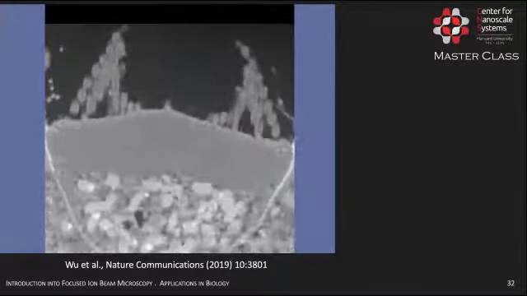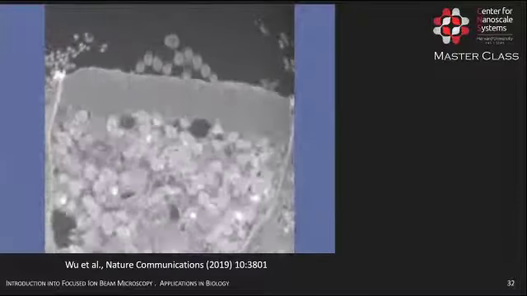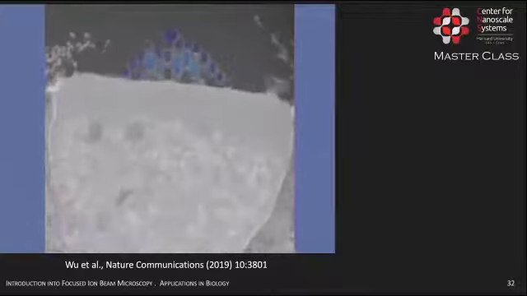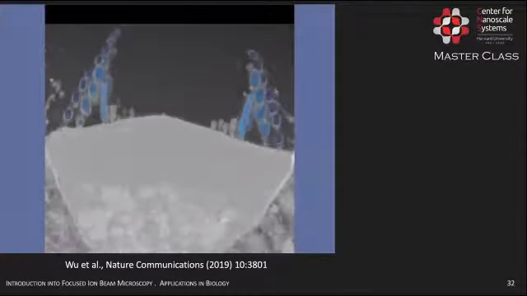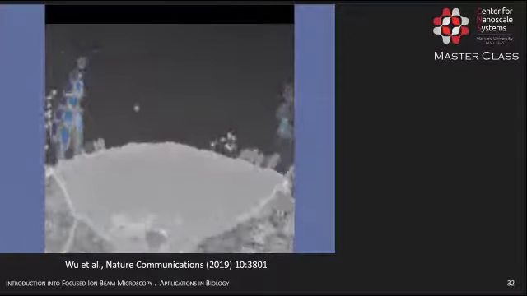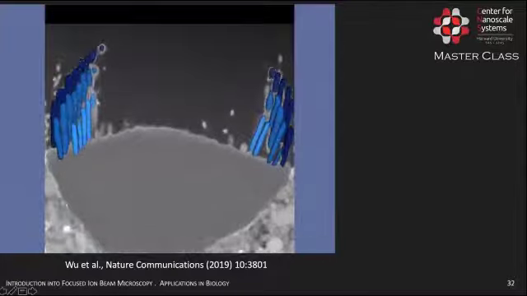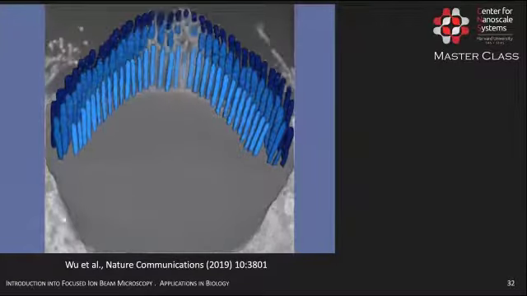Yeah? So you see here, and if you, it's probably over the internet, it might not come out properly, but every now and then you see bright dots show up in between the cilia, and these are the gold particles that are attached to the protein.